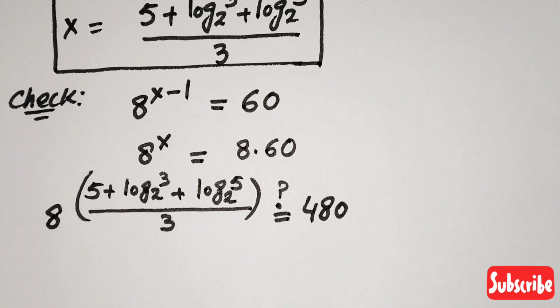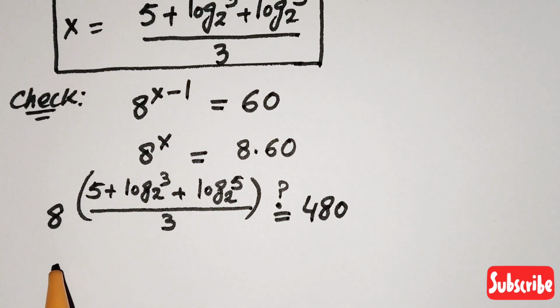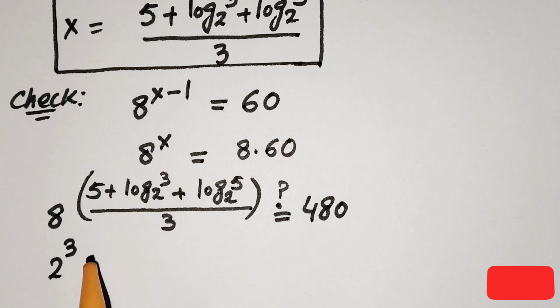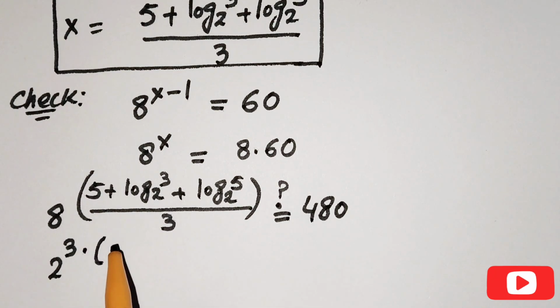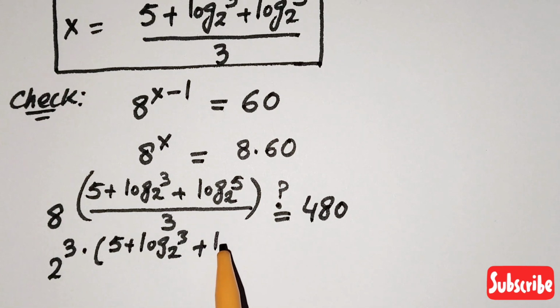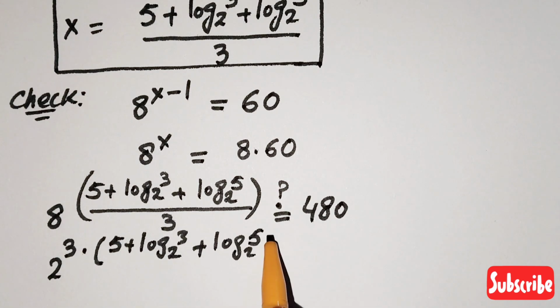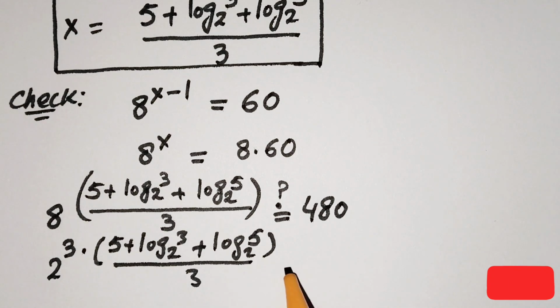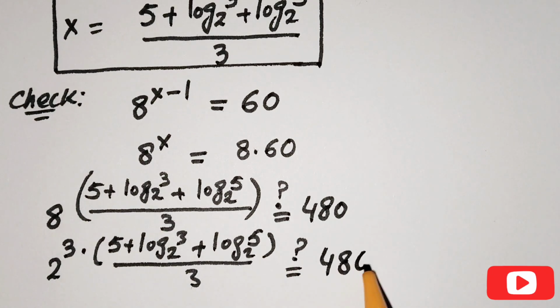So now our next step: if we write 8 as 2 cubed and multiply, we get 2 raised to power 3 times 5 plus log 3 to base 2 plus log 5 to base 2 all over 3, equal to 480.